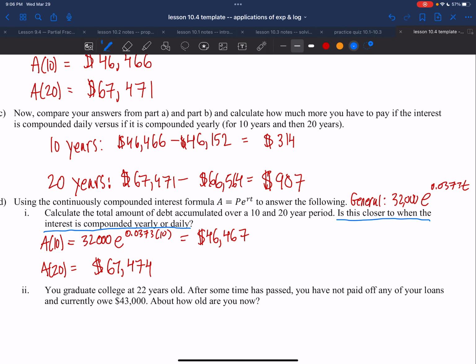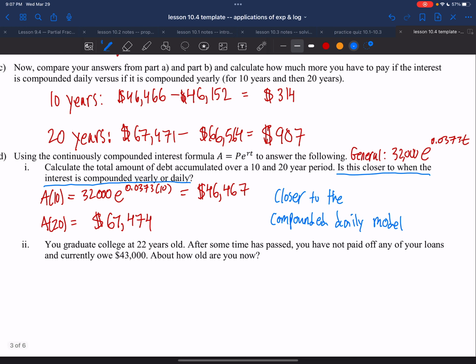I say closer to the daily, or I'll say compounded daily, yeah? Closer to the compounded daily model. Okay? That's what it's closer to.